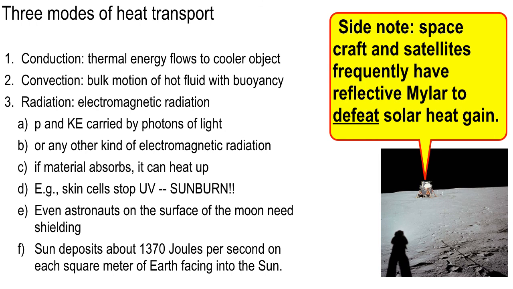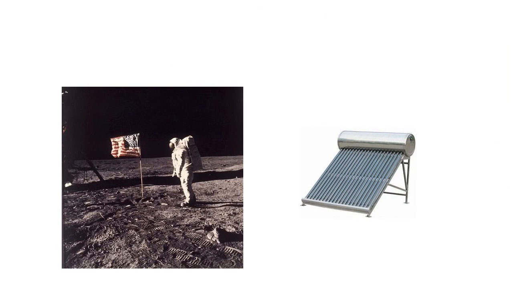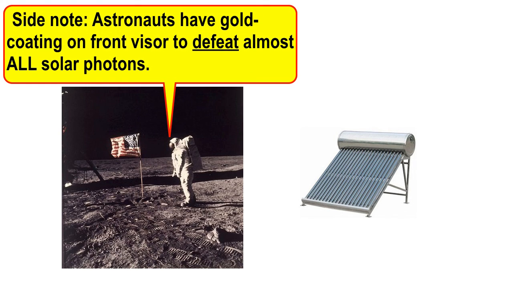It just keeps rotating around and getting a little bit of heat and then cooling off on the dark side and then coming back around, getting more heat. The astronauts have to be very tightly shielded, and they want to defeat the solar heat gain.